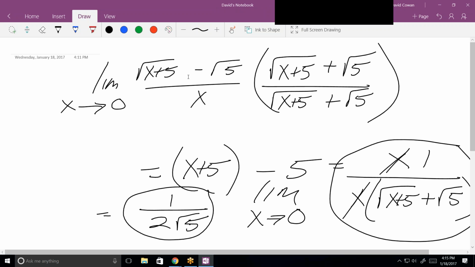That's a complicated thing. I can't do much with that. I can't really factor it. But I can multiply it by the conjugate. And multiplying by the conjugate is really valuable when you have this, because it completely eliminates the radical signs from the numerator. And by reducing the numerator to x, we can cancel it out with the x in the denominator, and now we have 1 over some number.